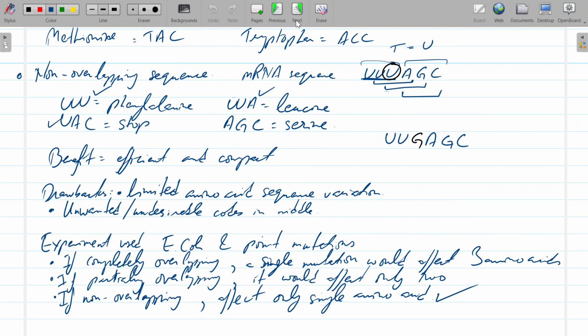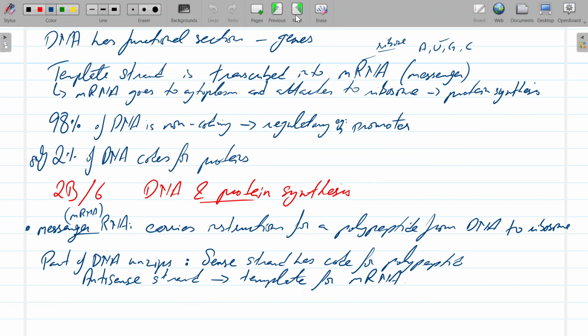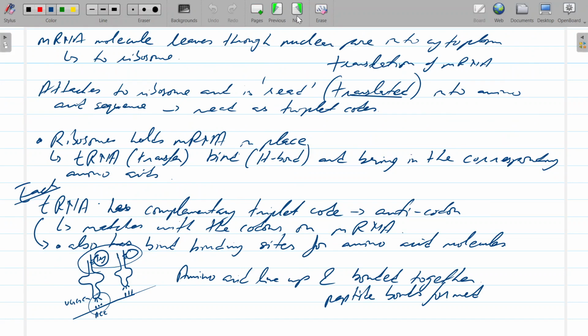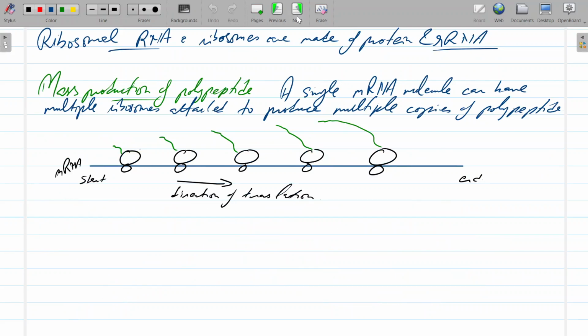So the DNA triplet code coding for amino acids, which then make up the polypeptide, and how that is a redundant or degenerate code and it is non-overlapping, and then how the DNA is first transcribed into messenger RNA that goes into the cytoplasm, attaches to ribosomes where tRNAs bring in amino acids corresponding to the triplet code on the mRNA, and peptide bonds are formed between amino acids to form the polypeptide chain.